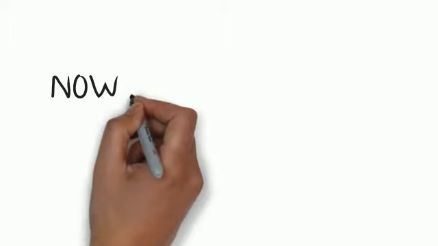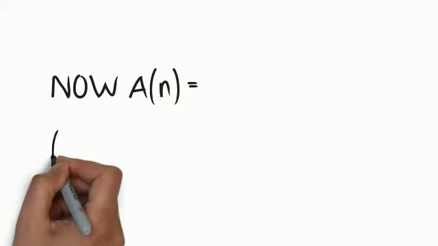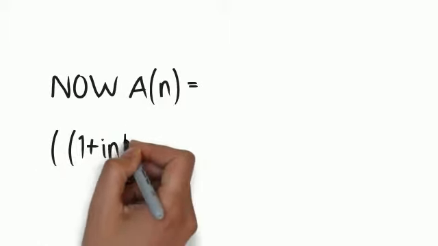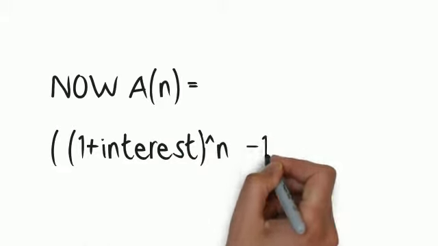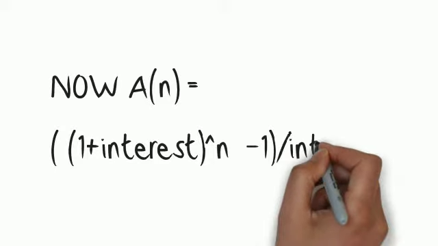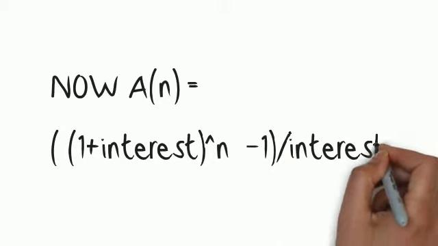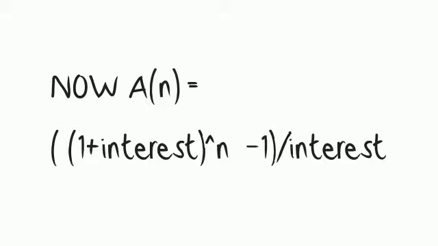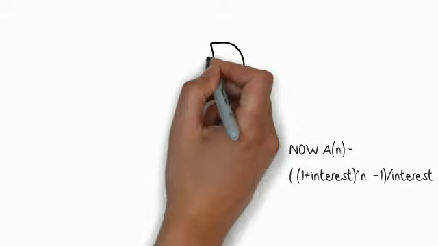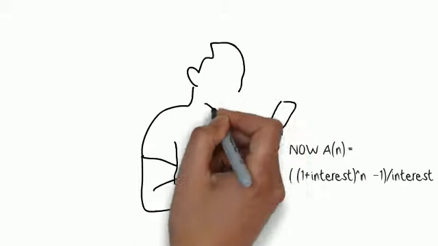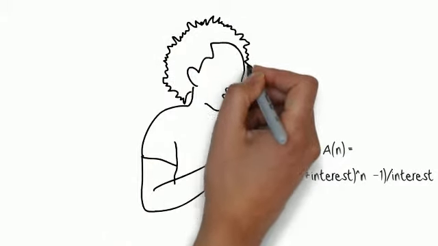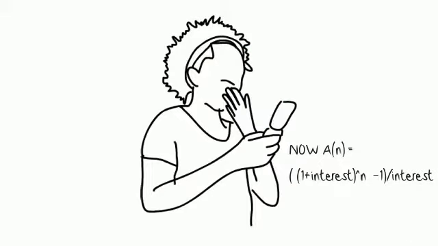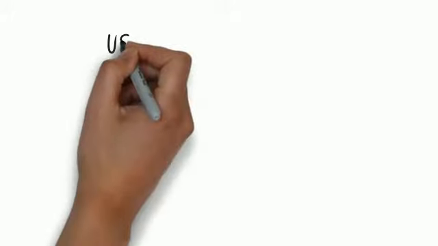So coming back to that function, we find that it will be equal to 1 plus the interest rate, all of that raised to the power of n, minus 1, all of that divided by interest. In other words, we are calculating figures using that formula.